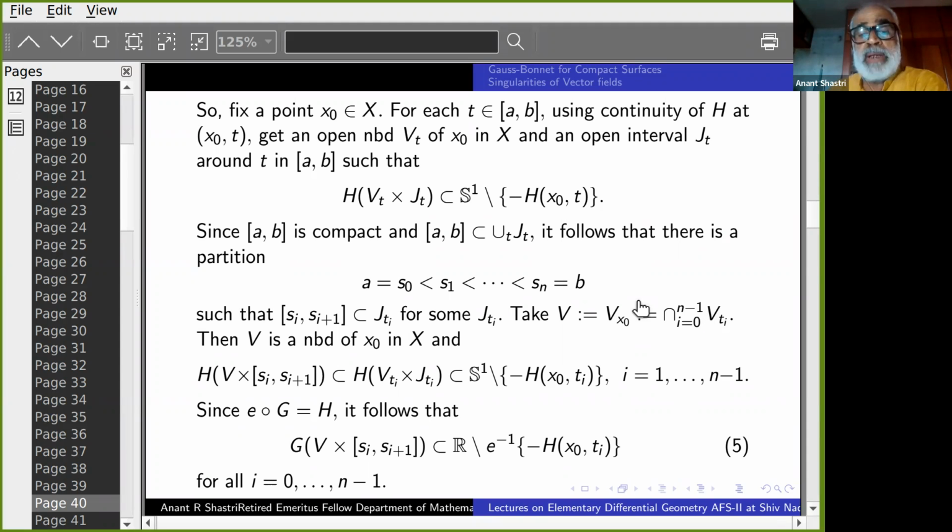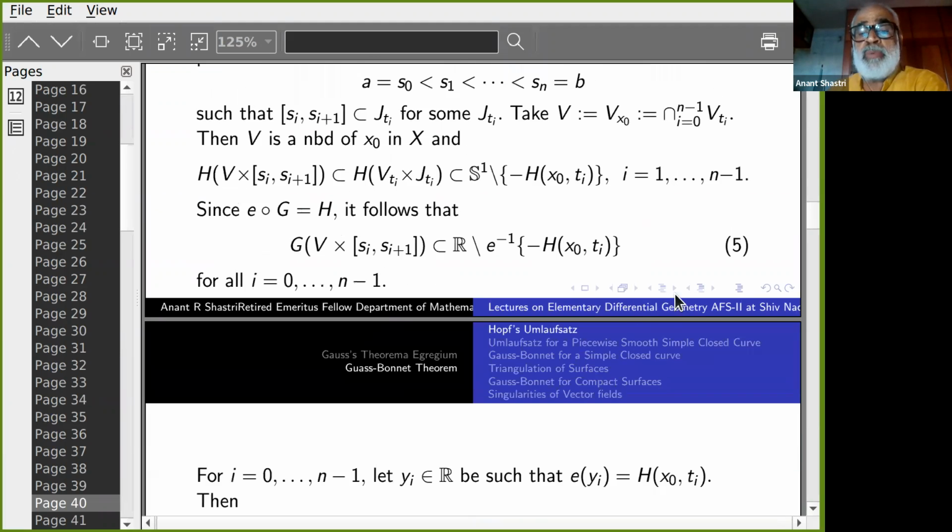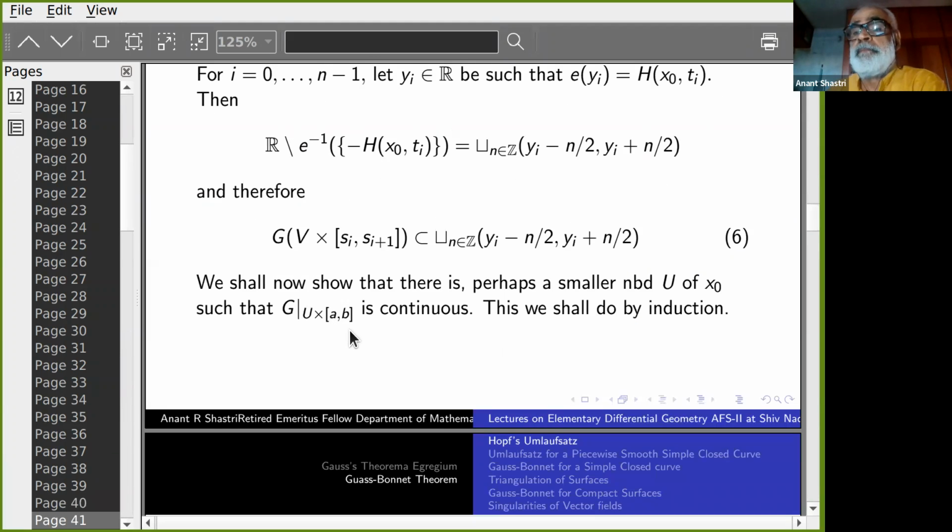So I am claiming that there is a smaller neighborhood which will work. So this is our aim, to show that G restricted to some neighborhood like this is continuous. This we shall do by induction.